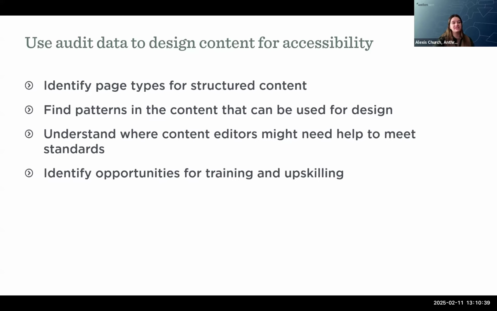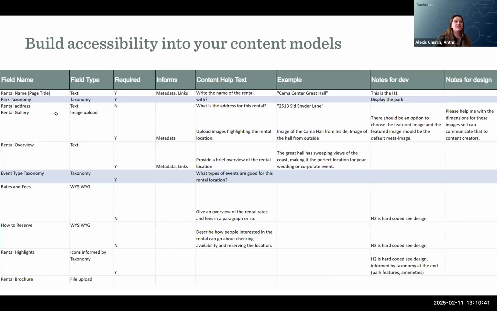So we take all these inputs and we can start to build accessibility into our content models. And our content models are kind of the back end structure of our website. They describe the hierarchy of information for the designer on the front end, like this should come first, and then this, and then this. And then on the back end, they describe the field choice suggestions that you're making to the developer.